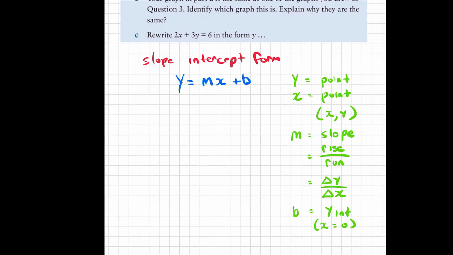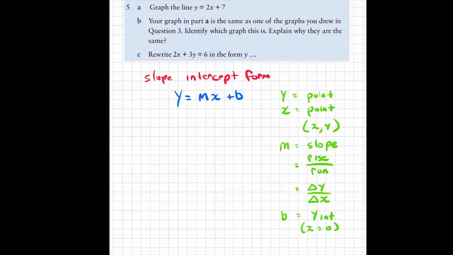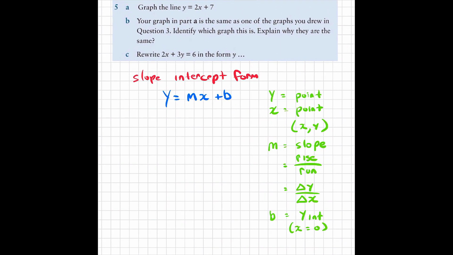Okay, so now that I know that information, it says to graph this line that is y equals 2x plus 7. So I'm going to make a quick little graph right there. So there's my y-axis and here's my x-axis.